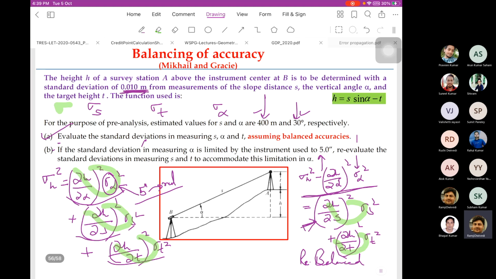That means you are very much in control of the data collection process. That's why your sigma s is less and sigma t is more.